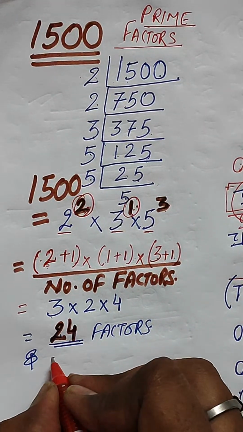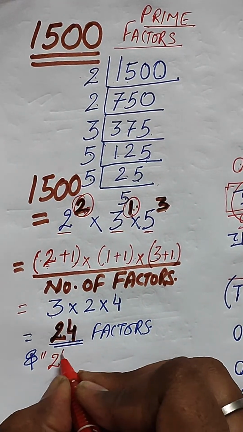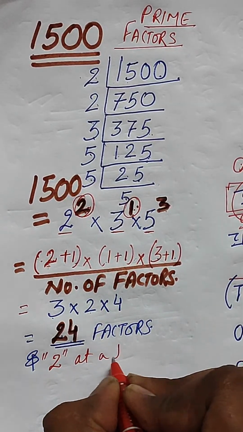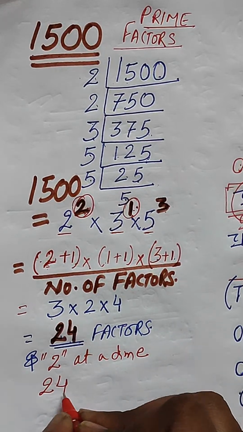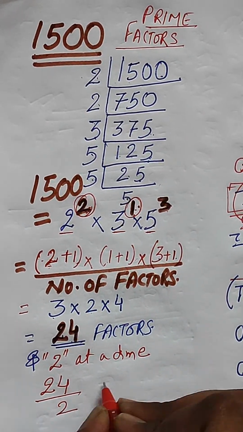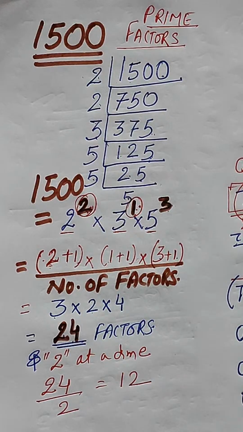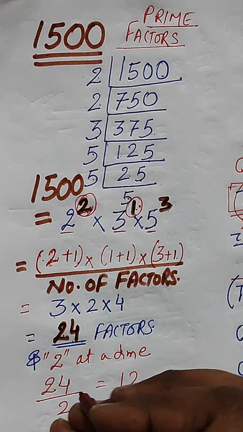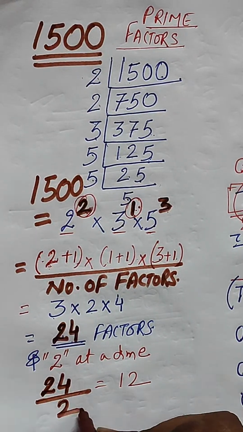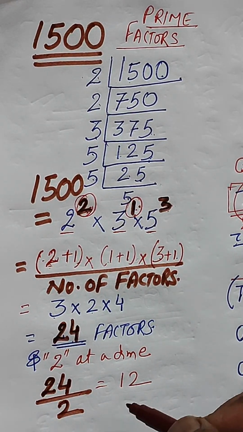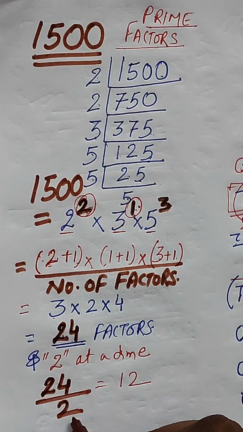When taking two at a time, the total is 24 divided by 2, which is 12. So 12 is your answer. This is 24 divided by 2 because in the question it has been asked that 2 at a time.